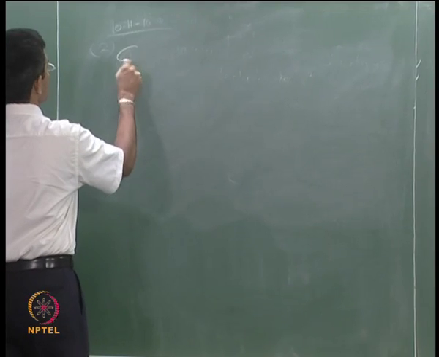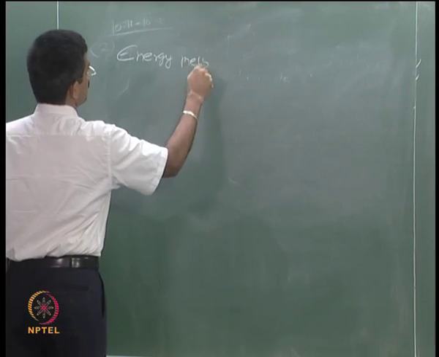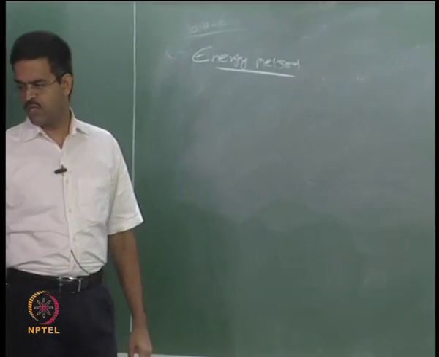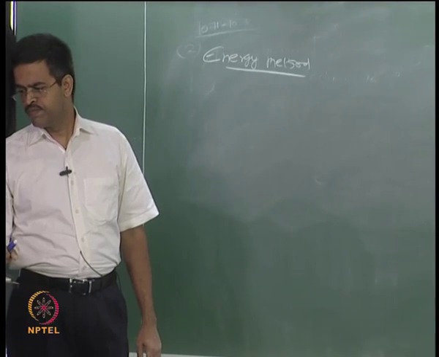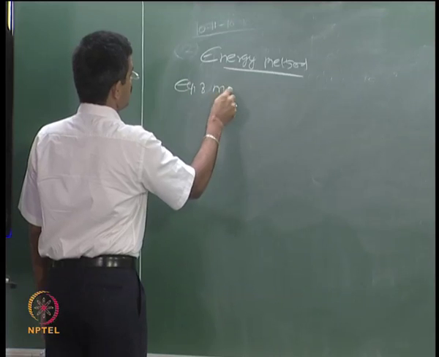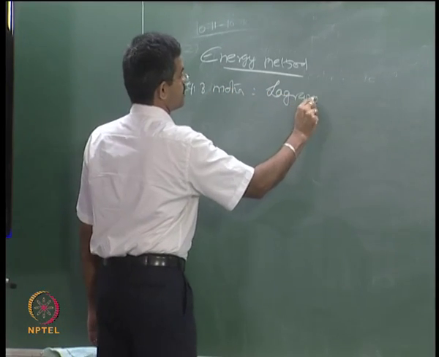So I will use the energy method now to write the equation of motion for multi-degree systems. The equation of motion in the energy method is given by Lagrange's equation.